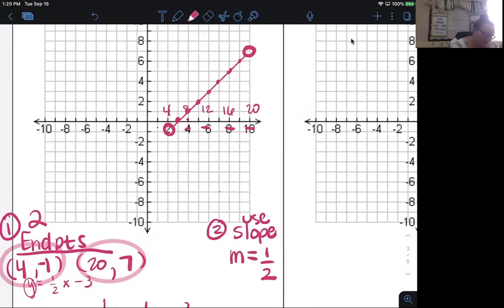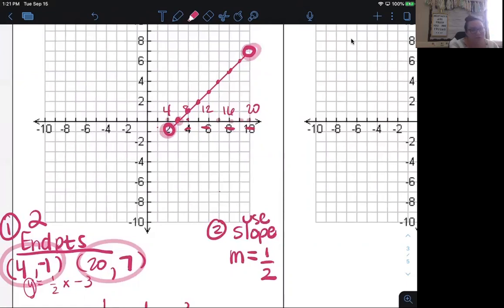So I have 2, 4, 6, 8, 10, 12, 14, 16, 18, 20 on my x-axis. And then I didn't adjust that left-hand side because we don't need it for this graph. So I put 4, negative 1 here. I put 27 here. And then for my slope, I went up 1, since I counted by 1s on my y-axis, and I went over 2 on the x-axis.